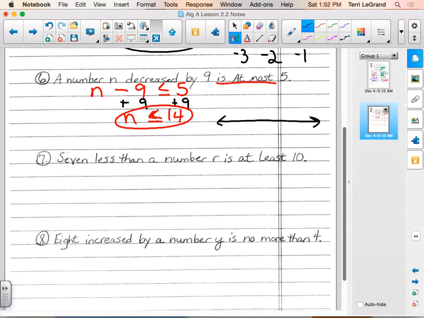And we'll represent that on a graph. So we need a circle at 14. N can be 14, so we're going to shade it in. And n can also be anything less than that, so all of these guys to the left are part of the solution region also.